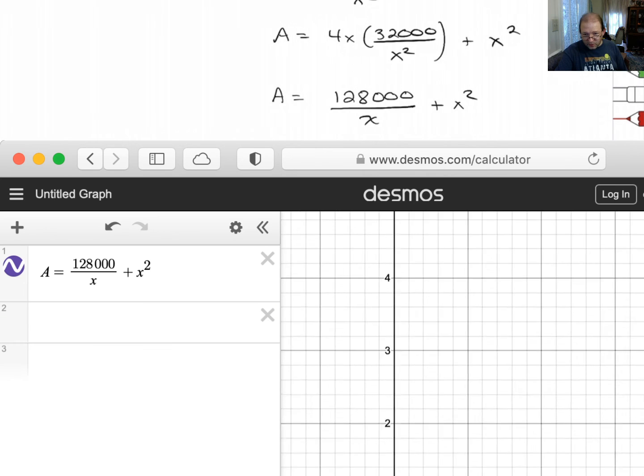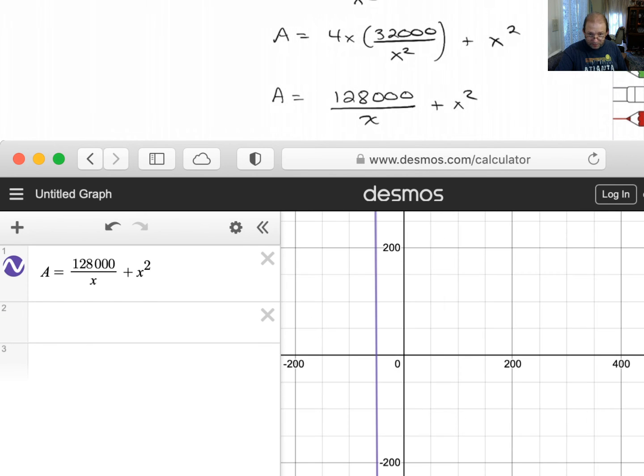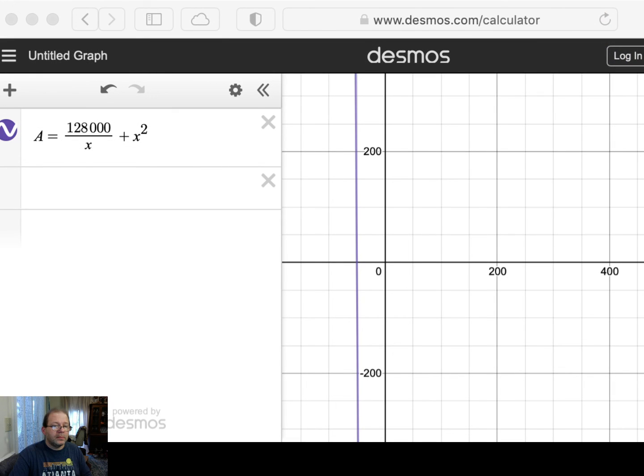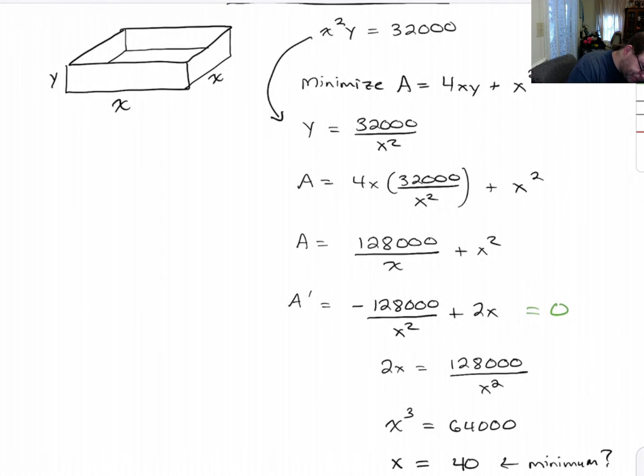Now, unsurprisingly, we don't really see anything when we look at this. We have to back way out before we see anything. Honestly, maybe this isn't the best way to do it. Let's go back and check it just using calculus.